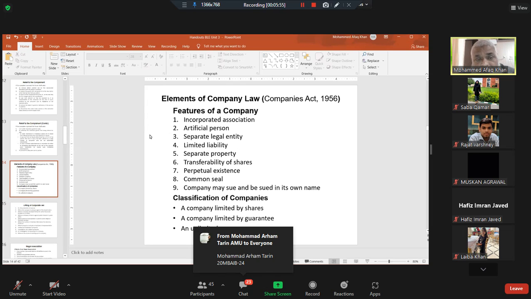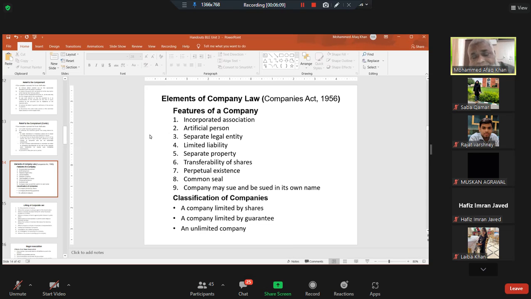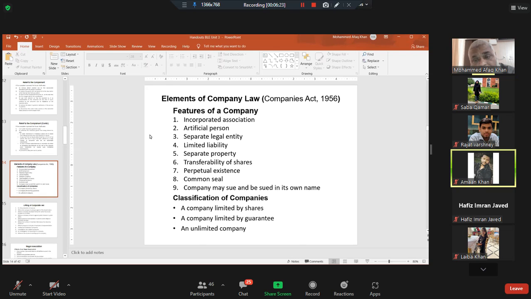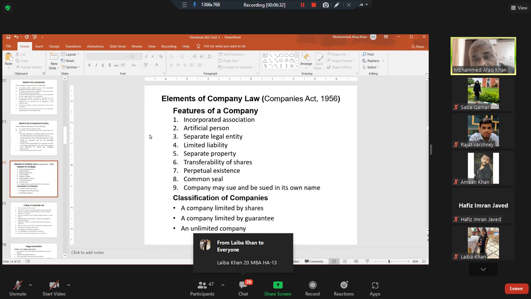So today we'll be starting with the Companies Act. What is a company? Now, the company is an association of many persons who contribute the capital or money to a common stock of that company, particularly for doing some business or trade.